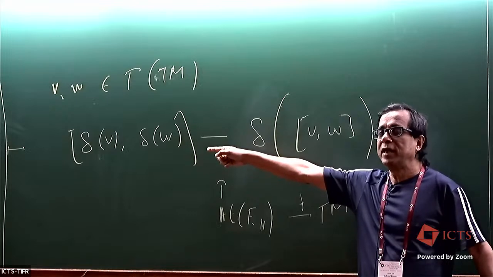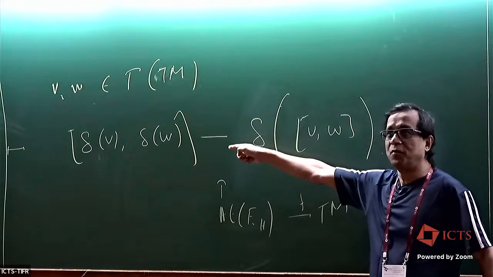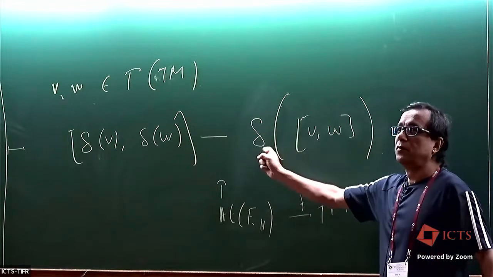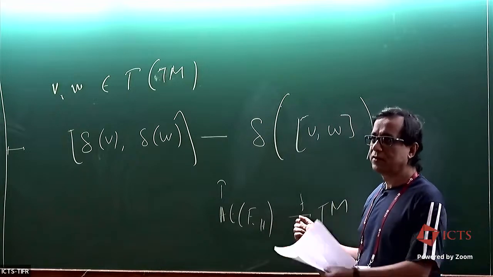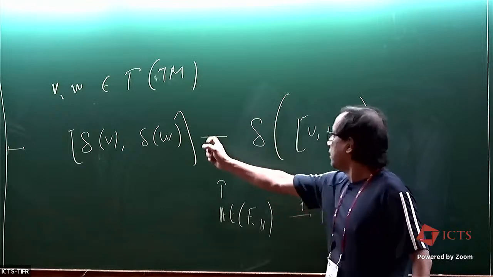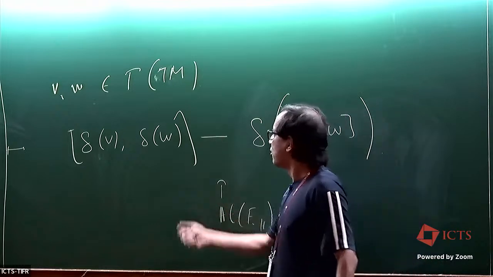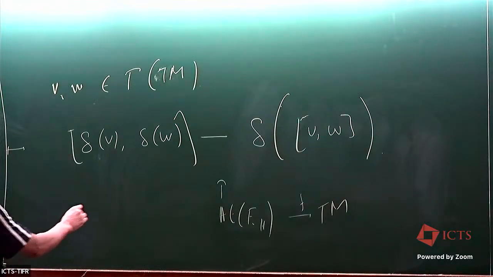F is Lie algebra structure preserving, and delta is a splitting homomorphism, so the composition is the identity. It requires a little bit of checking, but a very simple, straightforward check, that this goes to 0. So this is a section of the kernel, namely ad E H.